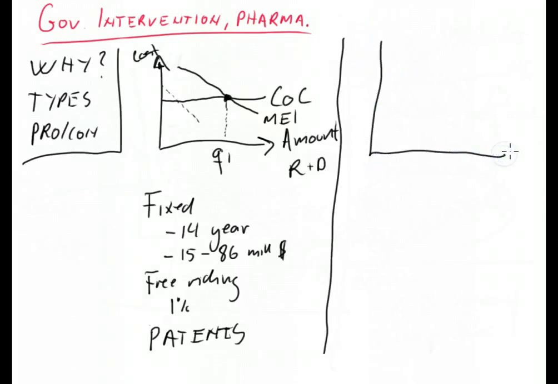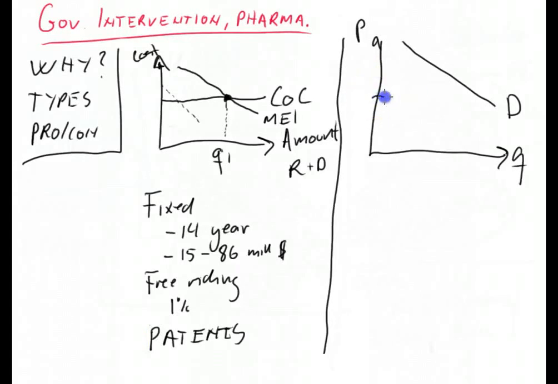Let's draw this. Quantity, price. You have a demand curve, which shows how beneficial something is, the marginal social benefit, explicit in the demand curve here. Then you have a marginal cost curve, and essentially it is horizontal.